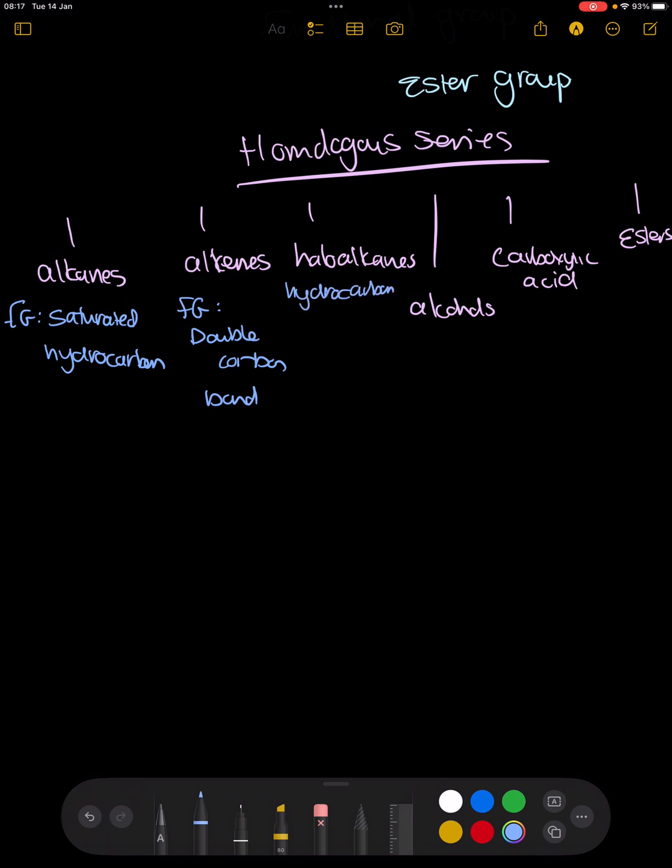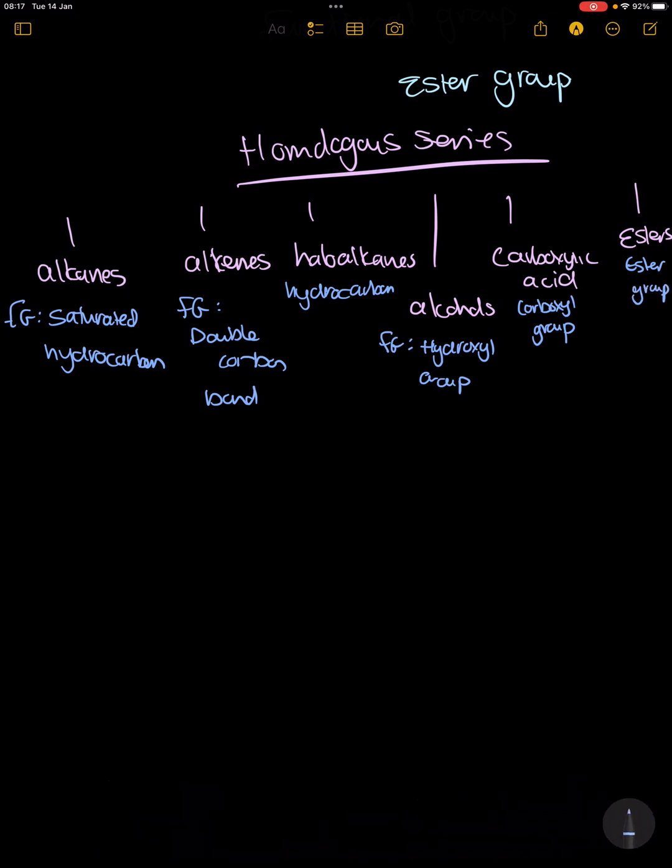Your alcohol, the functional group, is going to be hydroxyl group. And your carboxylic acid is a carboxyl group. And with your ester, it's your ester group.